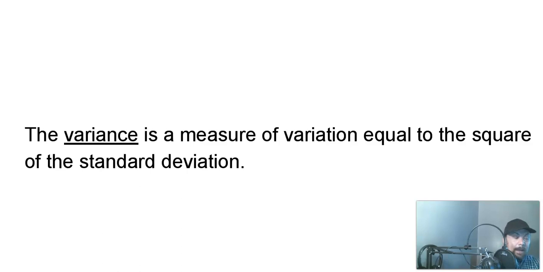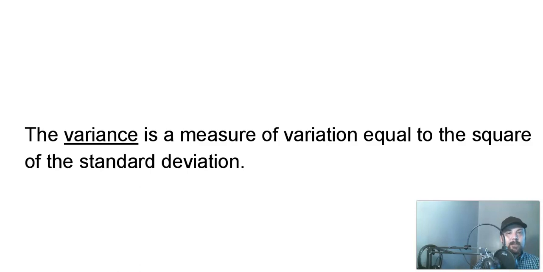But it's more reliable in estimating the population than the standard deviation is. So the variance is a measure of variation equal to the square of the standard deviation. If you're calculating the standard deviation with your technology, to get back to the variance, you just undo the square root by raising it to the second power, right?